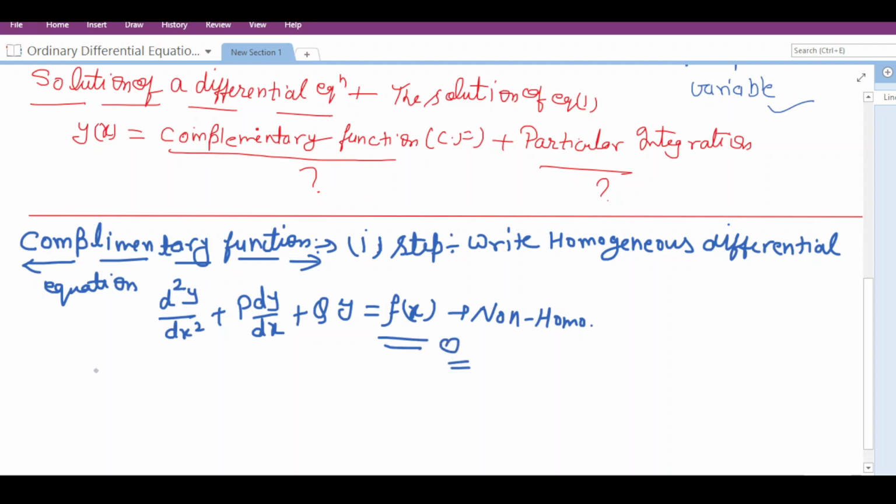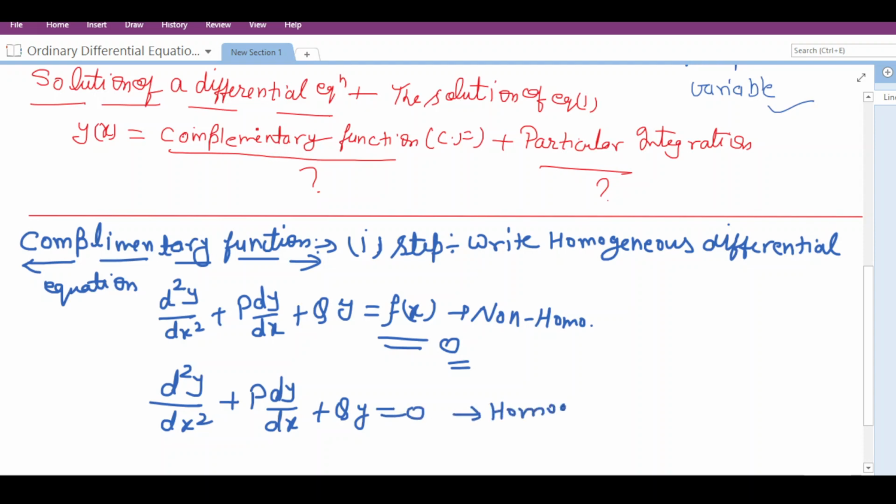So if we put this f(x) equal to 0, then we will have the equation d2y upon dx2 plus p dy upon dx plus q y, that is equal to 0. This is called the homogeneous differential equation, right?